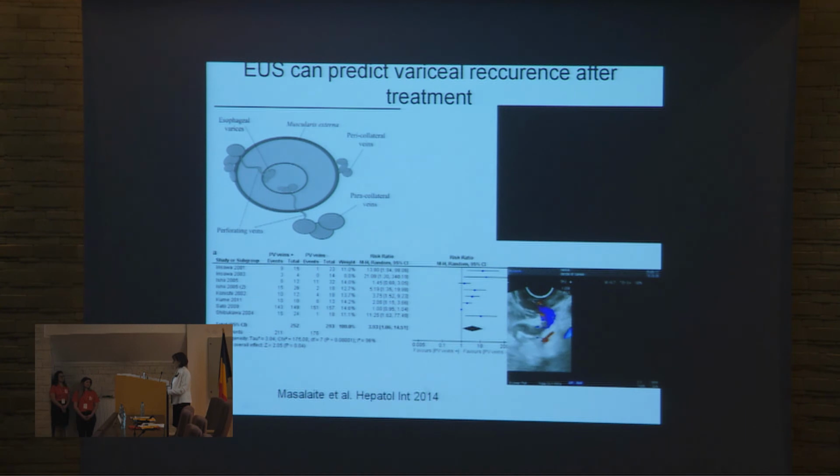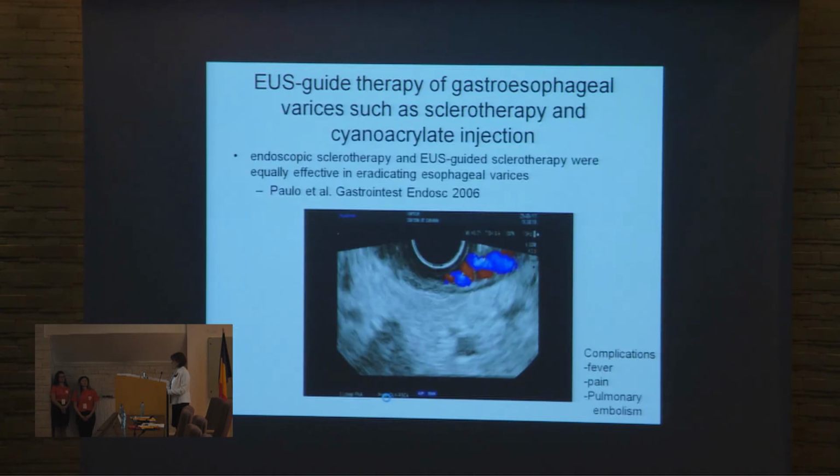It was published several years ago, and it showed that if the perforating veins are still present on EUS evaluation after prophylaxis for bleeding, then the risk for rebleeding is high compared to patients who had no perforating veins.